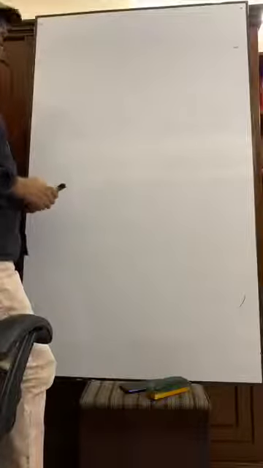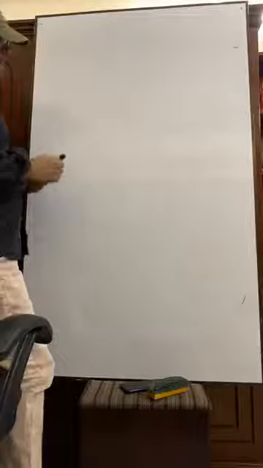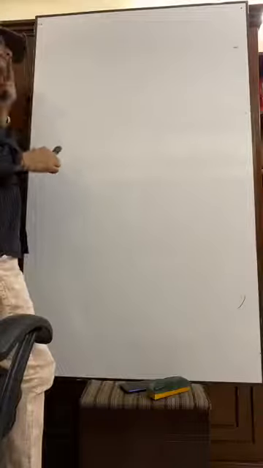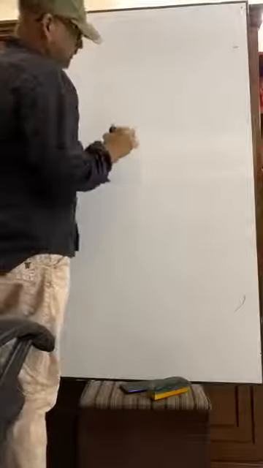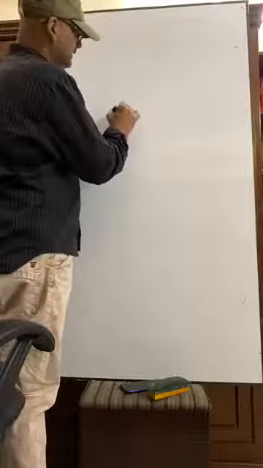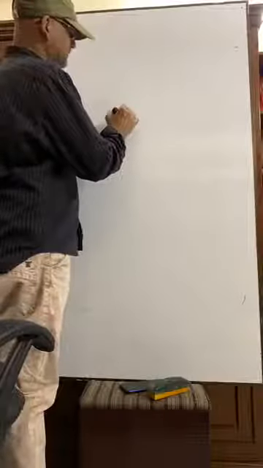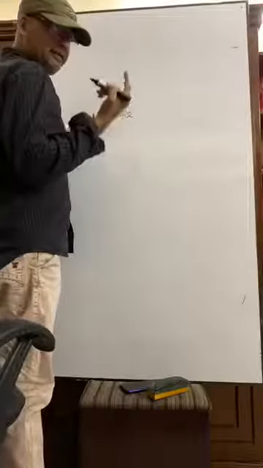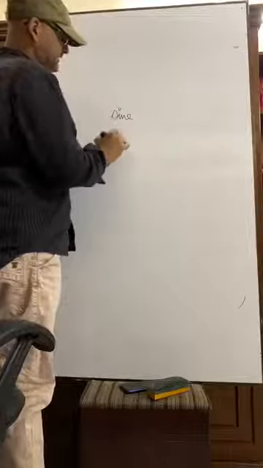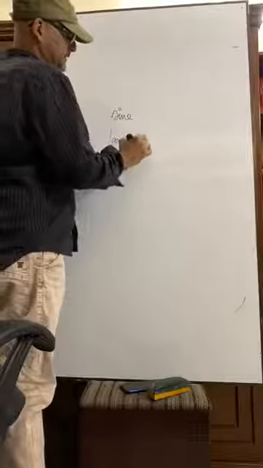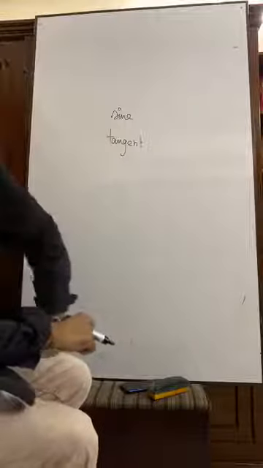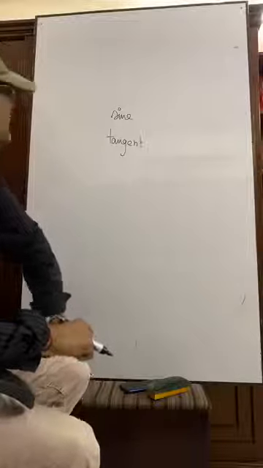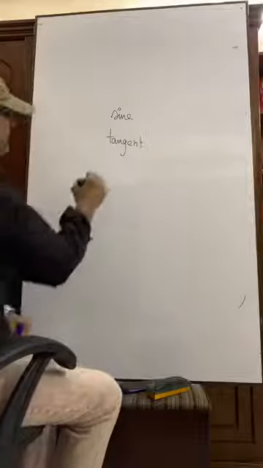Something else I am going to make you understand. Initially we had three ratios: sine, tangent, and cosine.